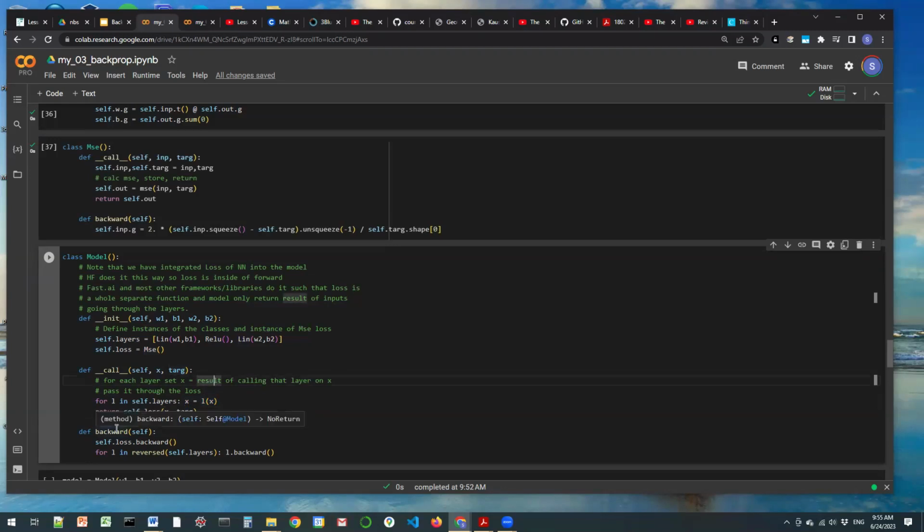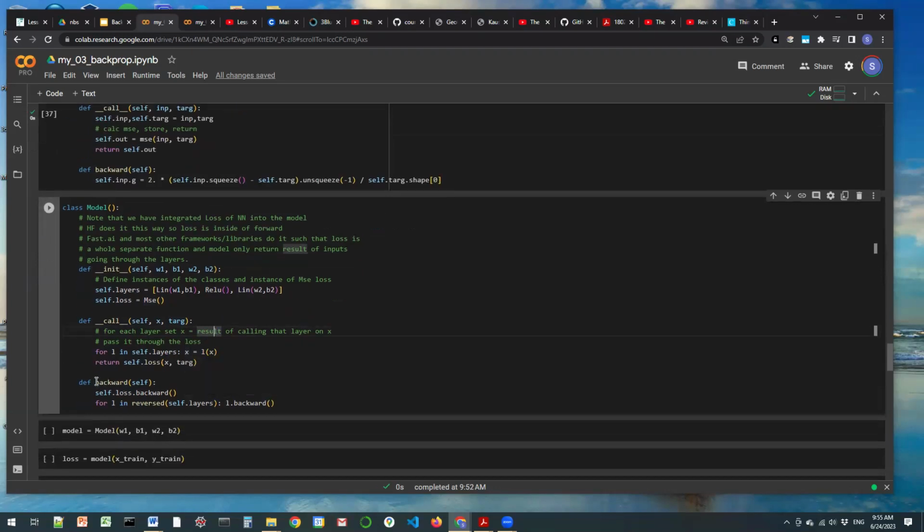The additional method that we are describing is a backward method, where we start with the loss and we compute the backward of it. And then for every one of these layers, we backpropagate, right, using the backward method.